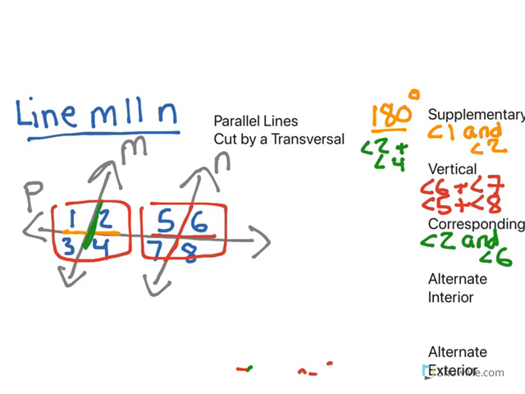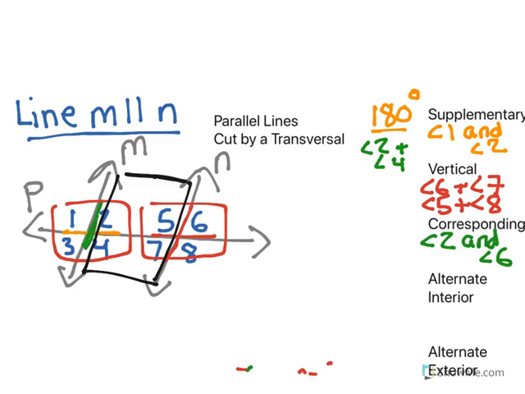All right. Next up, we're talking about alternate interior angles. Interior means interior of our parallel lines. Our parallel lines are M and N, so we're going to be on the inside. Inside of M and N, we're talking about angles 2, 5, 4, and 7.